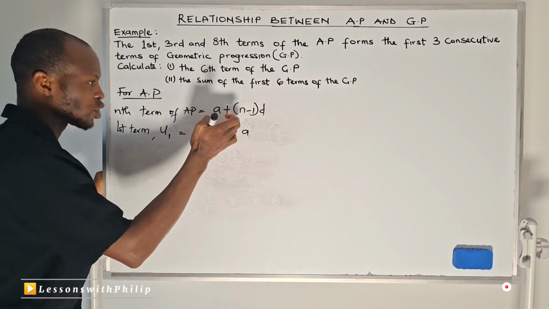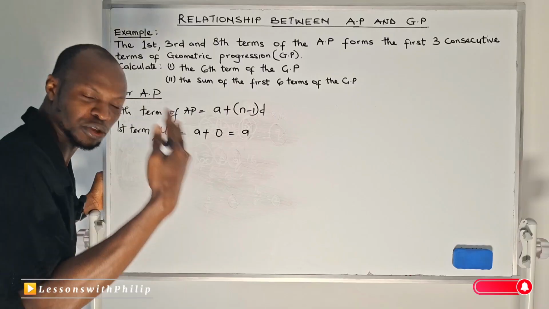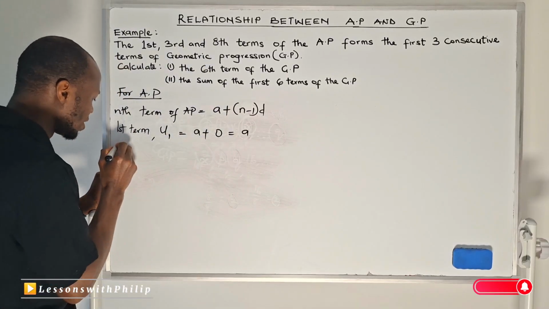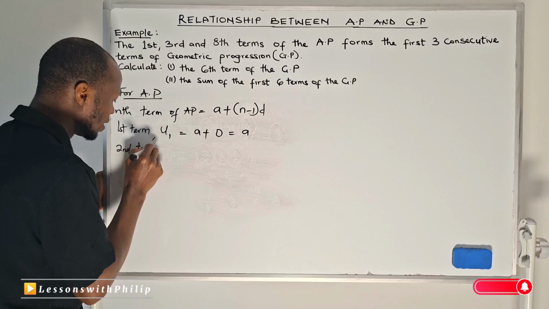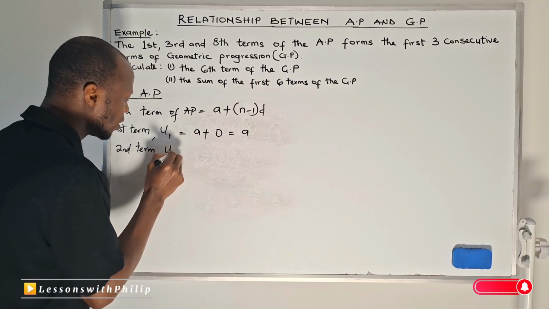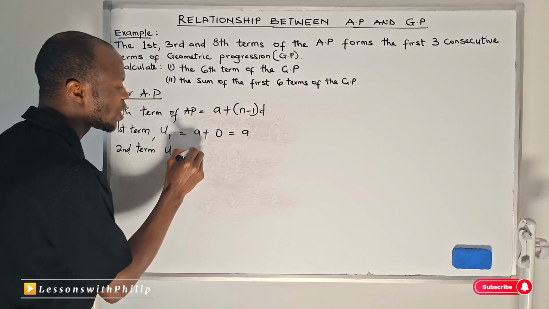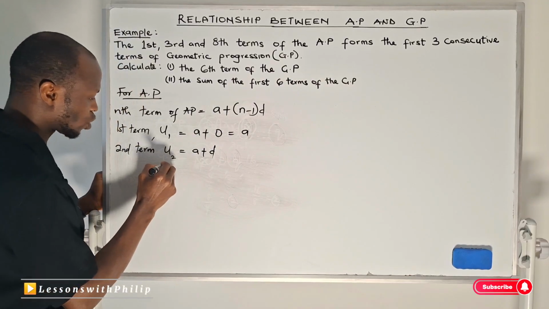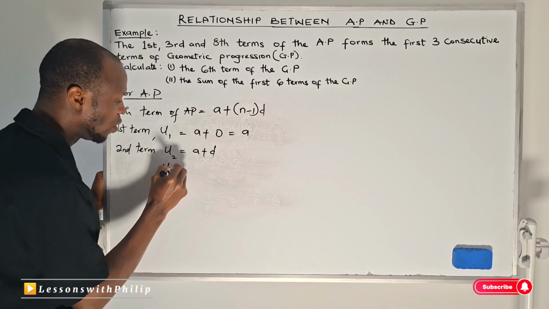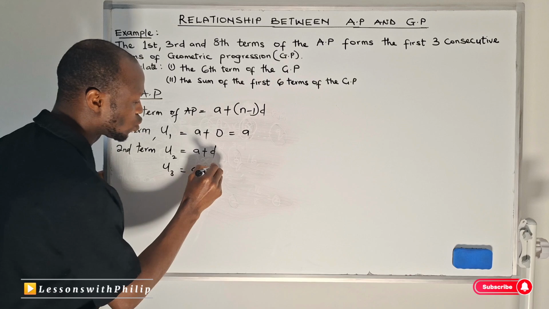Now, if you use this formula to find your second term and your third term, you'll get this. The second term of AP, if you check that, will give you A plus D. If you check the third term, your third term will be what? A plus 2D.